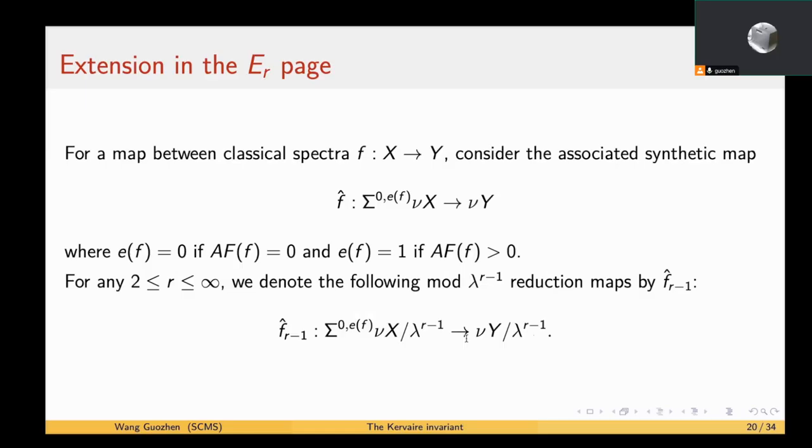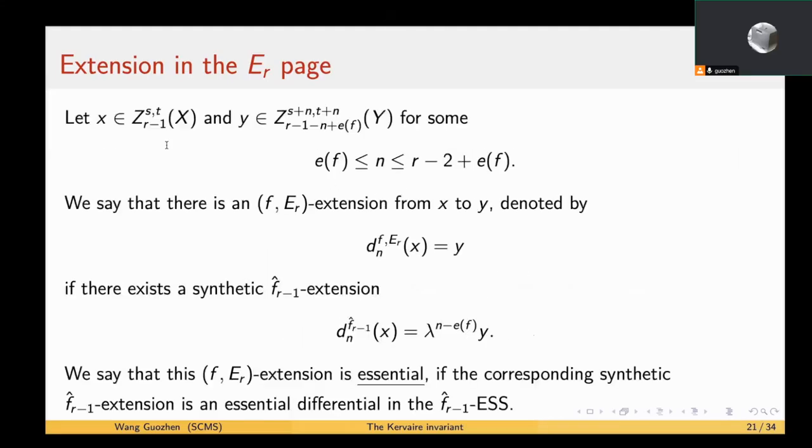So essentially, f hat_{r-1} is a mod lambda^{r-1} reduction of f hat. Suppose x is an (r-1)-cycle of X, and y is an (r-1-n+e(f))-cycle of Y for some e(f) less or equal than n less or equal than r minus 2 plus e(f). So n lies between this range.